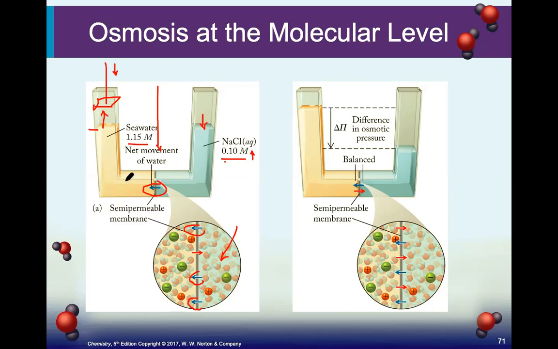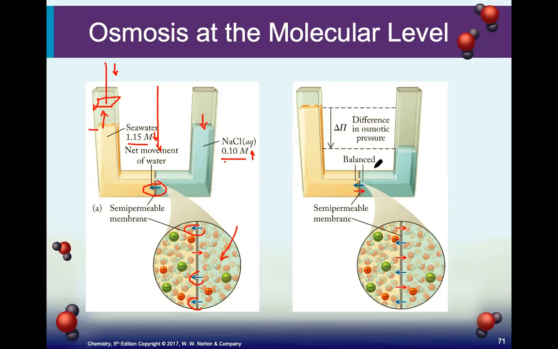When the water goes this way, it's going to dilute this concentration, so this concentration is going to go down. One concentration goes up and the other goes down until somewhere in the middle they meet and they're going to be equal.